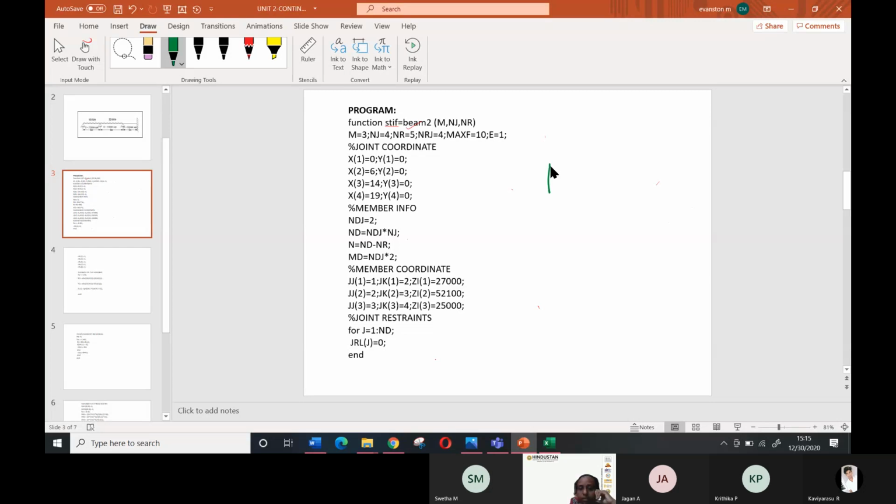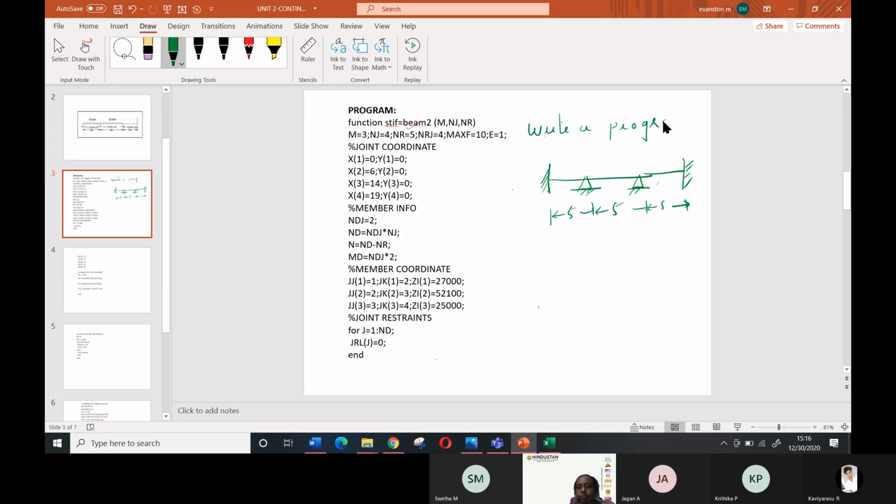That is, a small question. Let us take: write a program. Let us take this is equal to 5, this is equal to 5 and this is equal to 5.